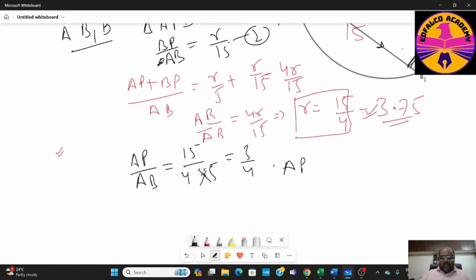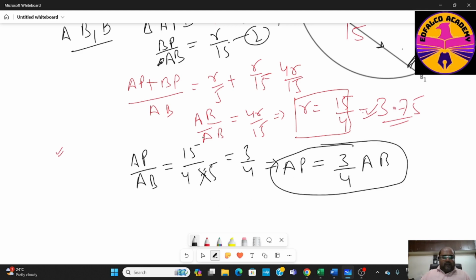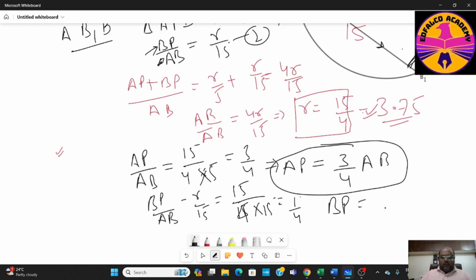So AP is basically 3 by 4th of AB. This is important. In the same way, BP by AB is equal to r by 15, which is 15 by 4 into 15 at the bottom. 15 and 15 cancel, so it is 1 by 4. So BP will be equal to 1 by 4 of AB.